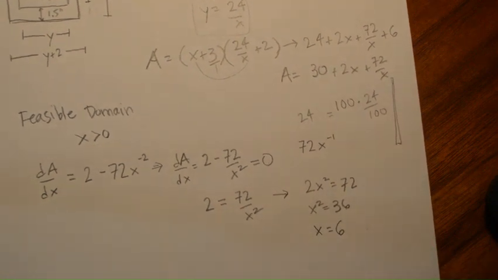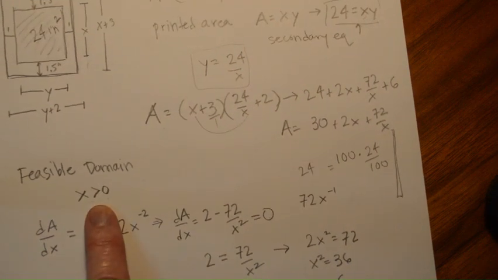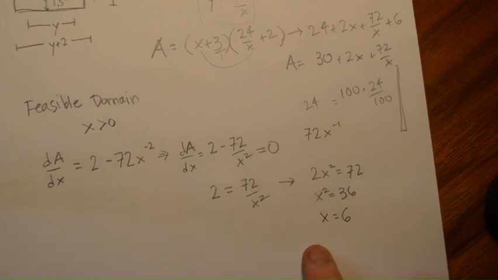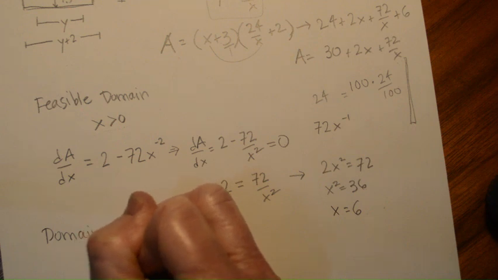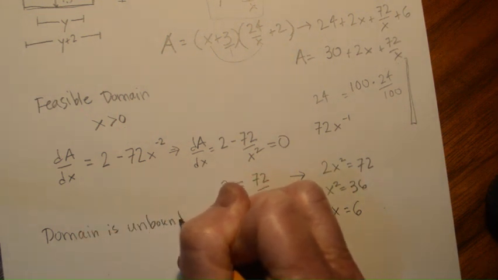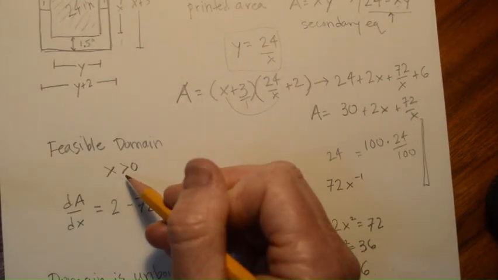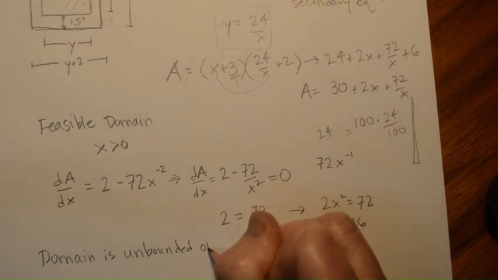Okay, so then again, because we have an unbounded region here, what we have to do is make sure that we use the first derivative test instead. And so we're going to set up intervals. So I'm going to just write that domain is unbounded. And it's not even closed on the left here. So we're just going to say domain is unbounded on the right.